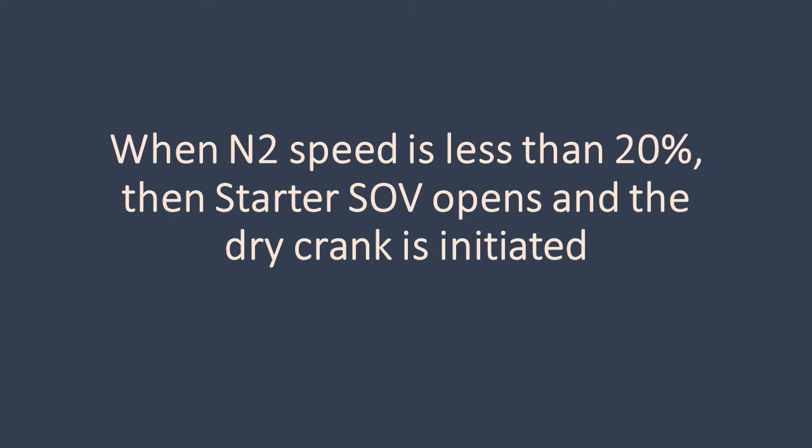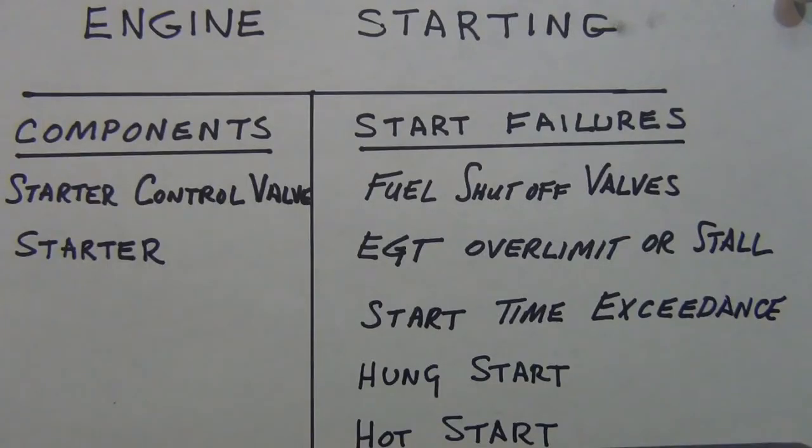Then you have the dry crank that's initiated at that point. Now the dry crank, when you have that condition, you continue that with the engine in that condition for 60 seconds. That's going to allow that fuel to dry, whatever's there in the combustion chamber. So that's kind of the dry crank, wet crank story, if you will.